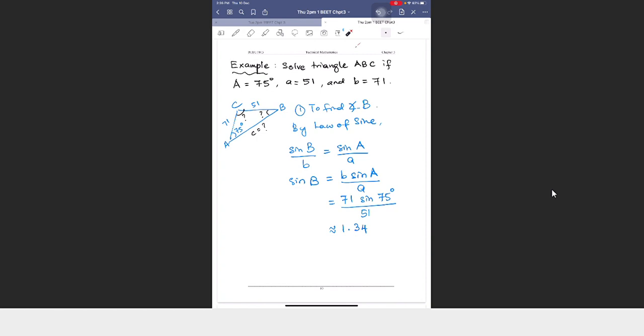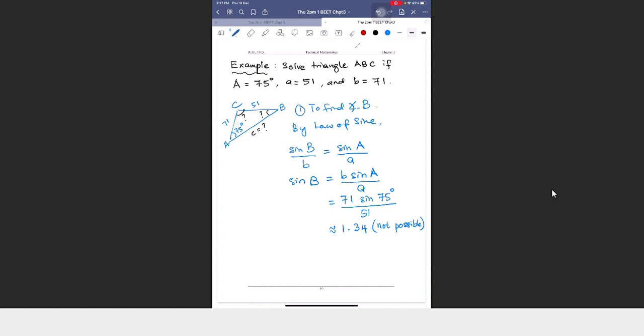So this is the case whereby it is actually not possible. That means there's no triangle that you are going to solve. No solution for this matter.